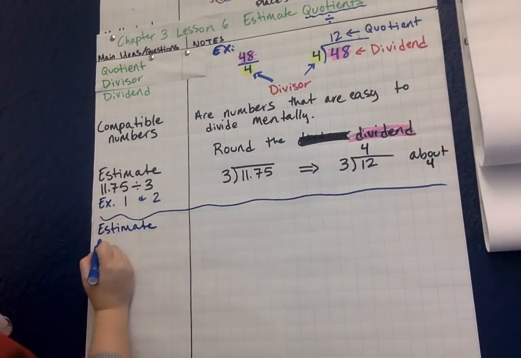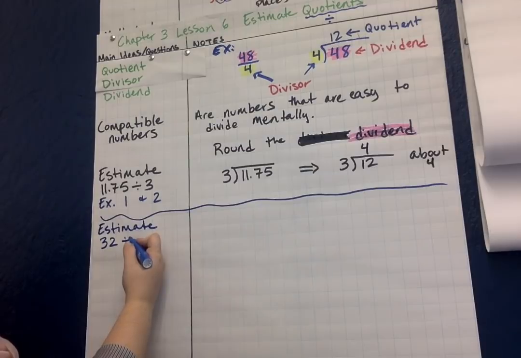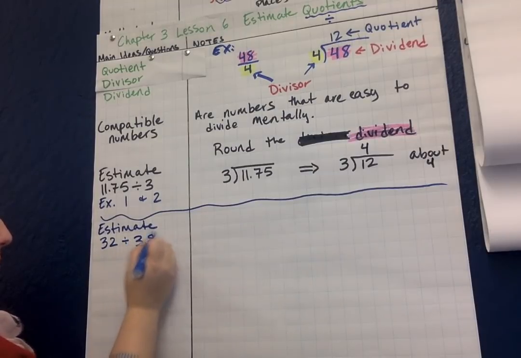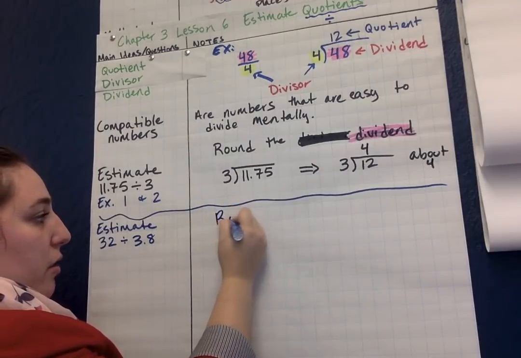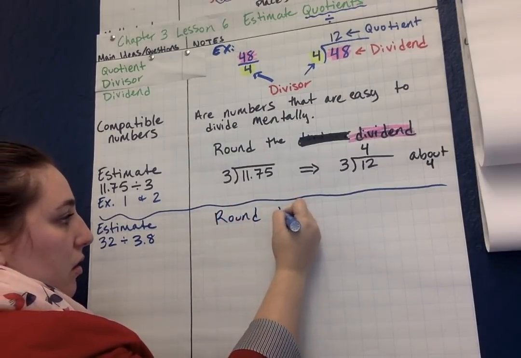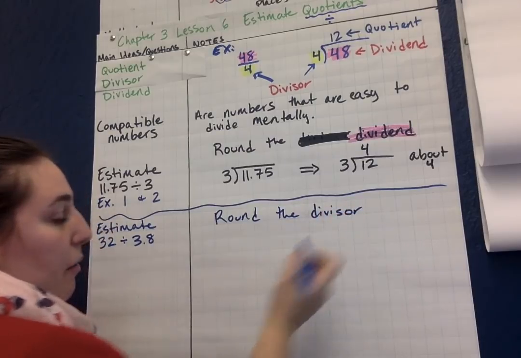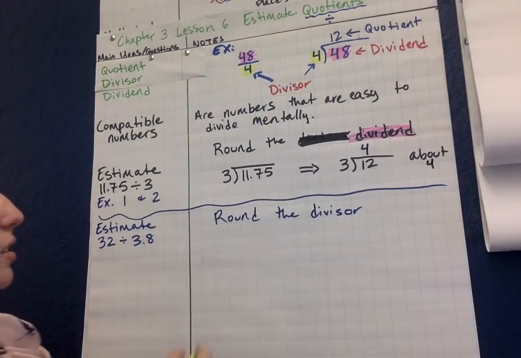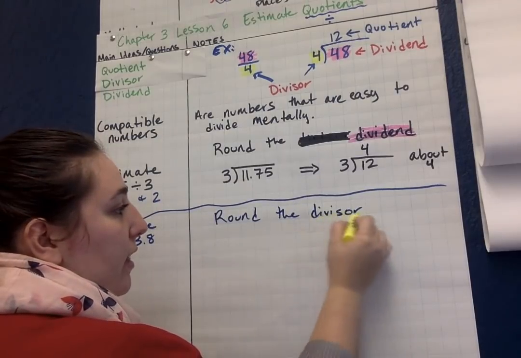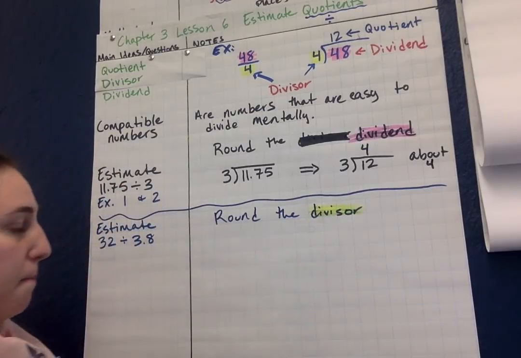So let's estimate 32 divided by 3.8. We are first going to round the divisor. And again, our divisor is going to be the denominator, so I'm going to highlight this yellow.